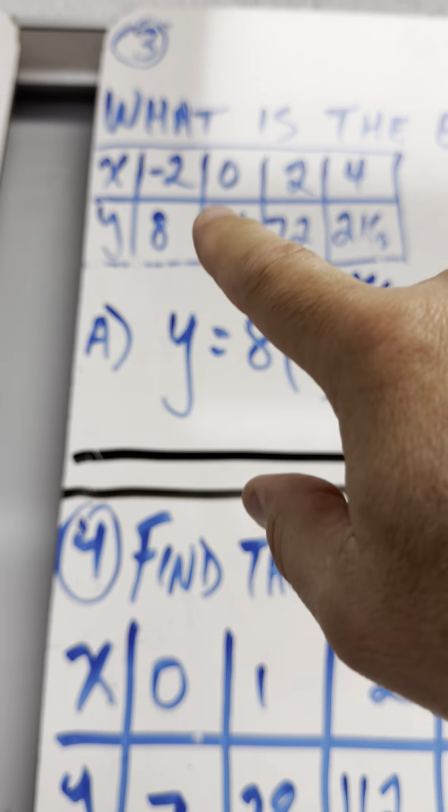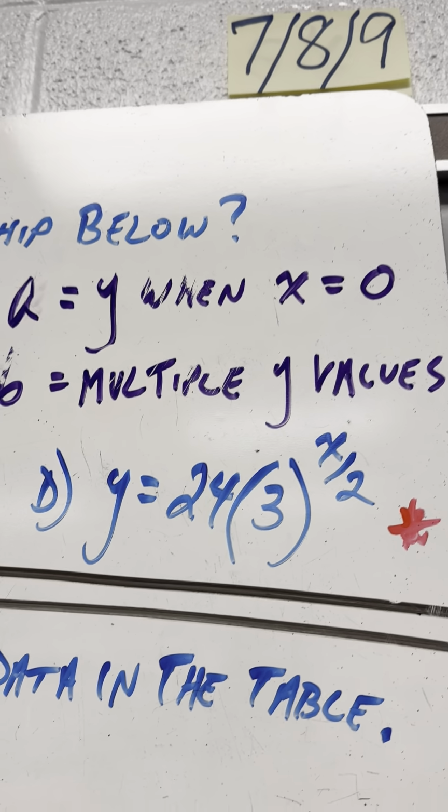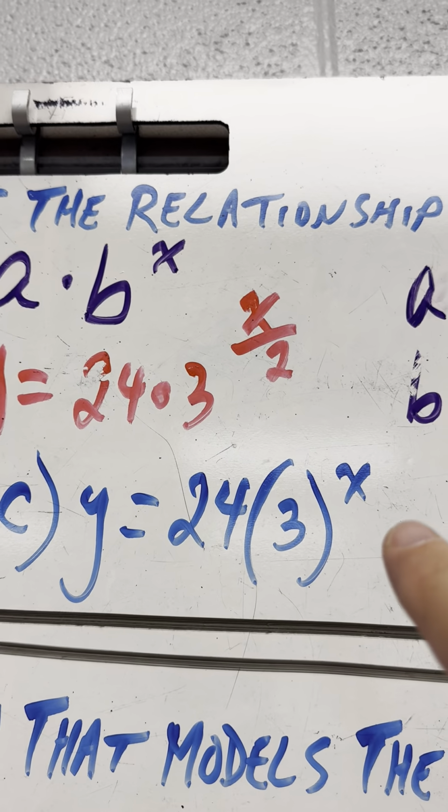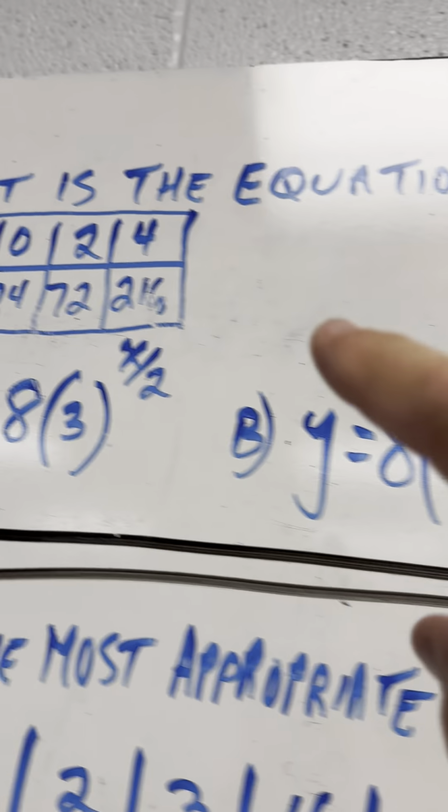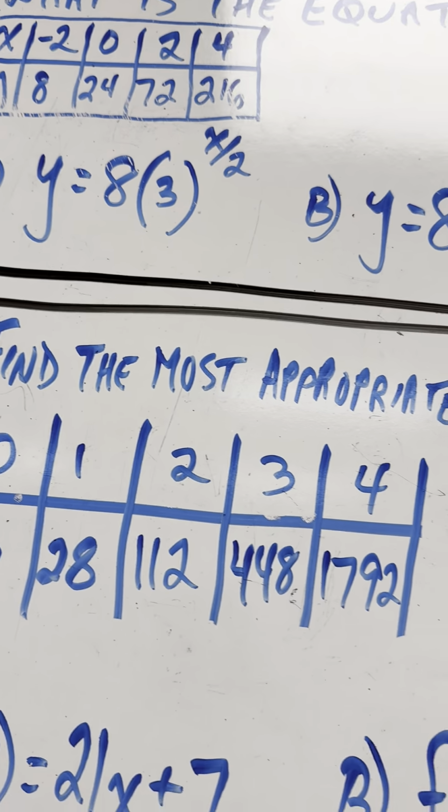So, at 0, it's 24. So that is your a, 24. Here, times 3, times 3, times 3. So your b is 3, but it's to the x over 2. So there's your answer like that. Don't put in x if it goes by 2's. Easy.